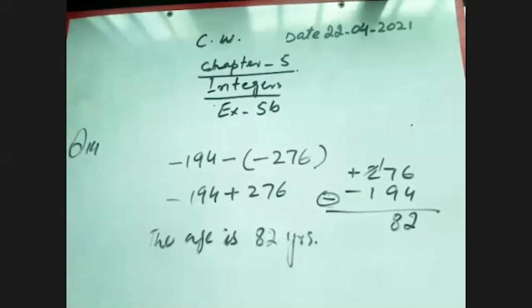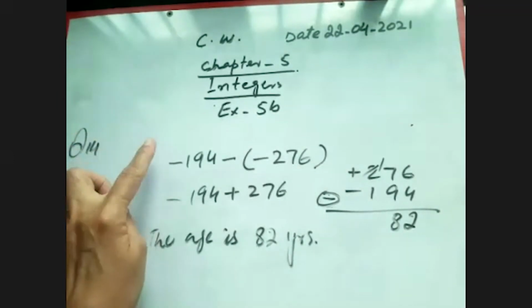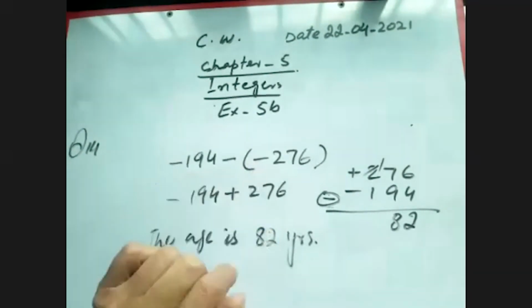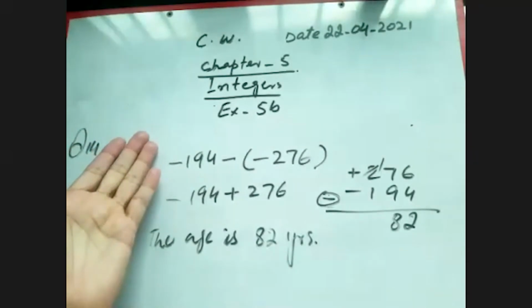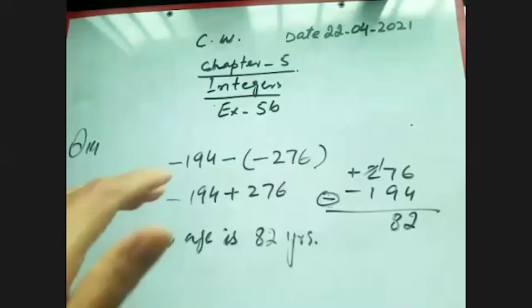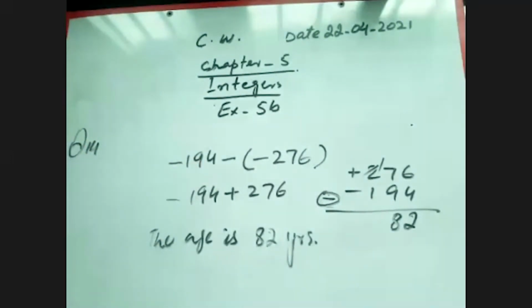You can write down the statements by yourself. The birth date is minus 276 BCE, and the death date is minus 194. Make the equation, because these are integers, negative integers, and solve the question.